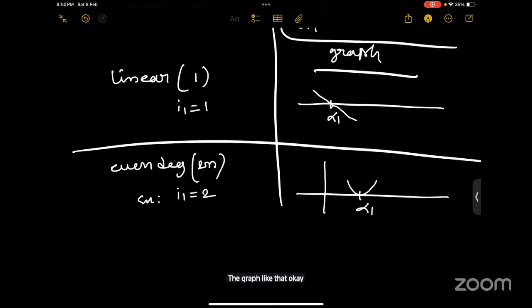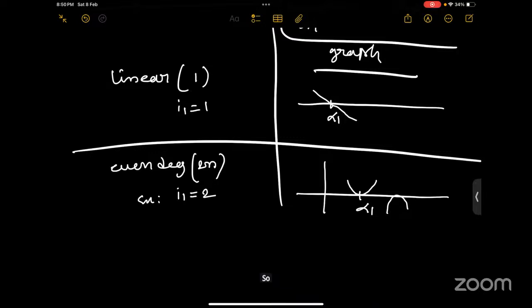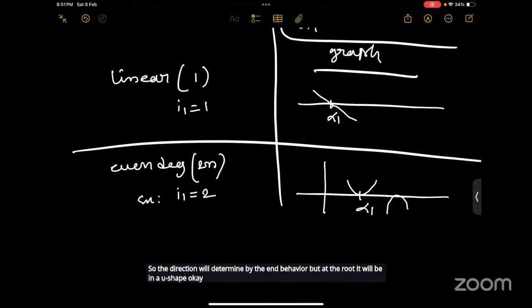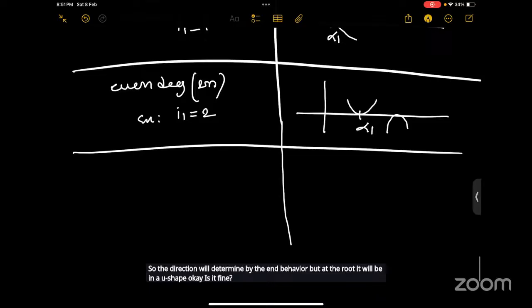If the exponent is even, then we will get a U type of shape. It can be in the upward direction or the downward direction. The direction is determined by the end behavior, but at the root it will be a U shape. Is it fine?